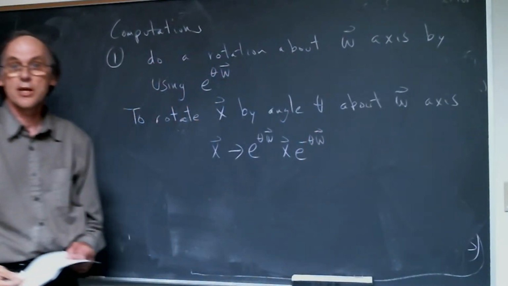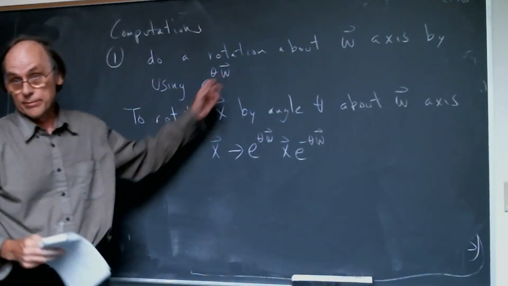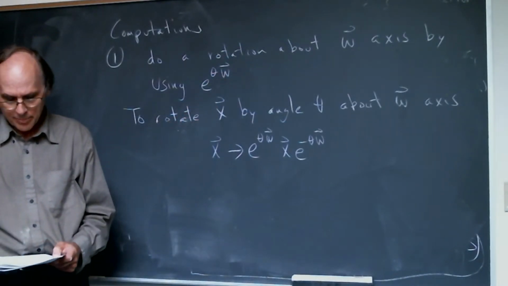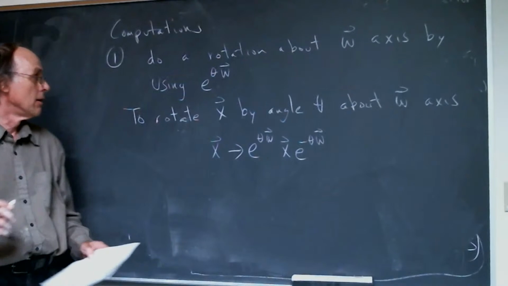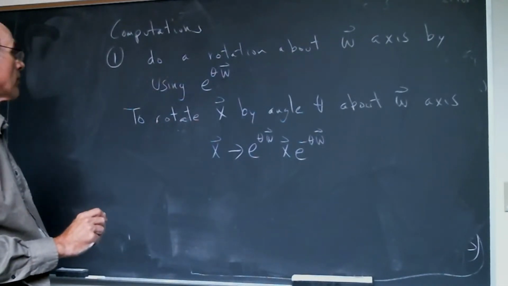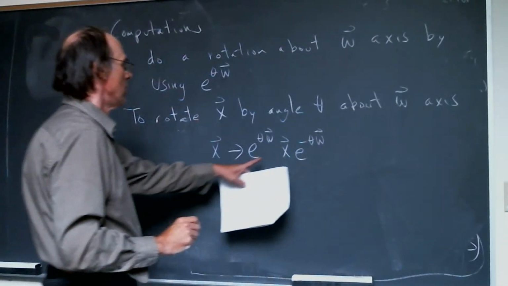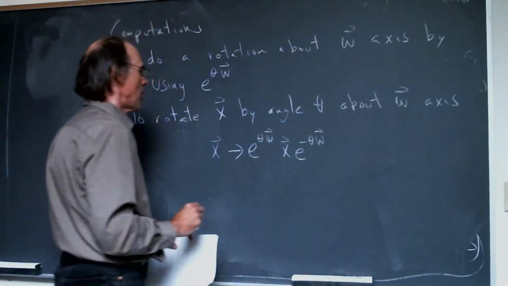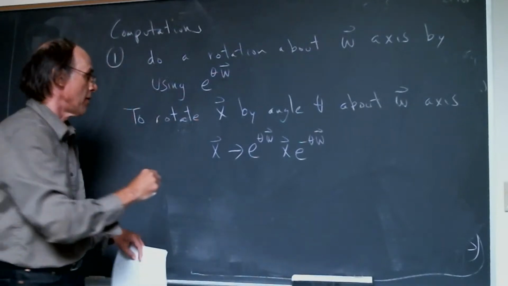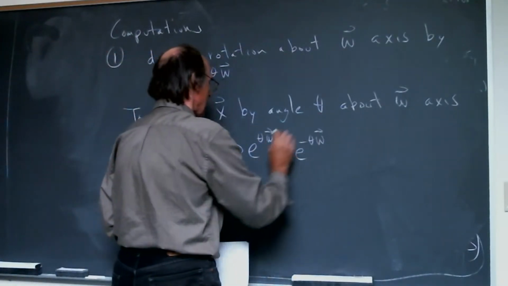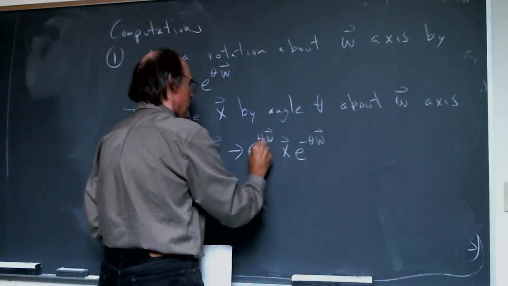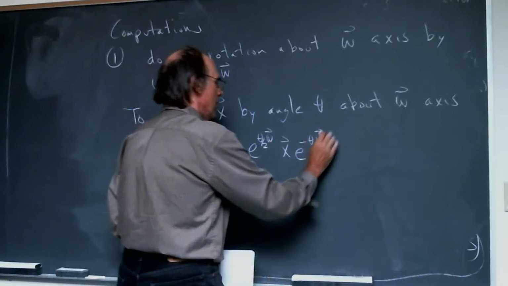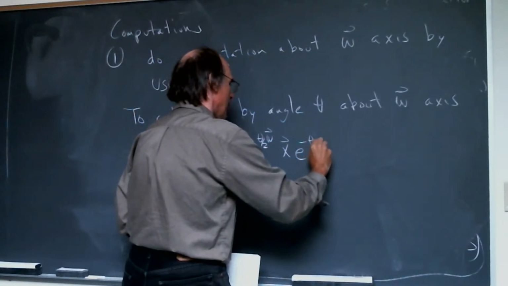It's just conjugation by this guy. Okay, but there's something a little bit tricky about this. This is part of the trick and corresponds to this double cover: this isn't quite right. You actually have to put a 2 here, and you have to divide by 2.